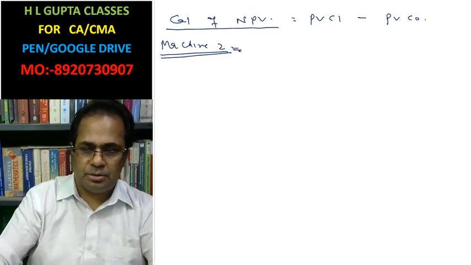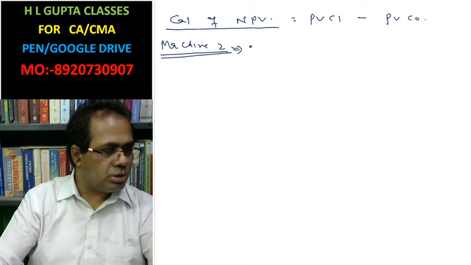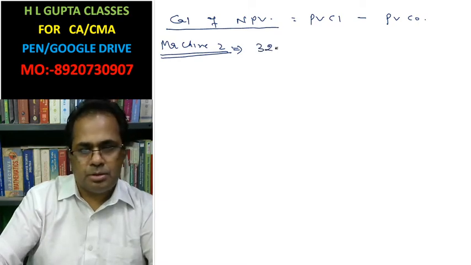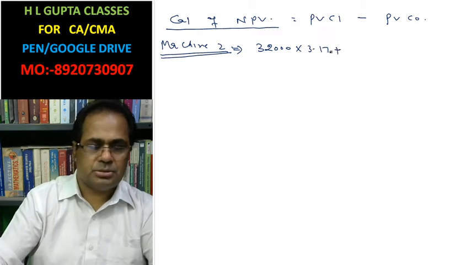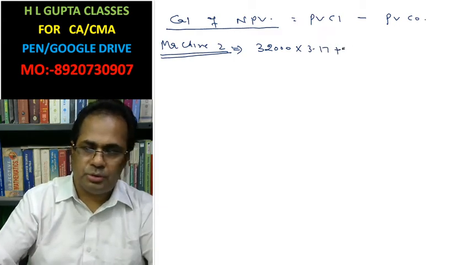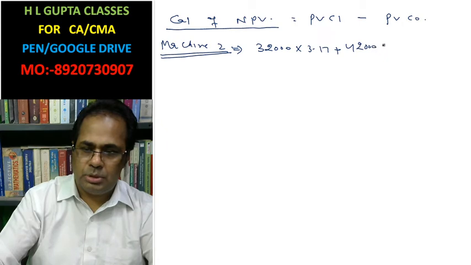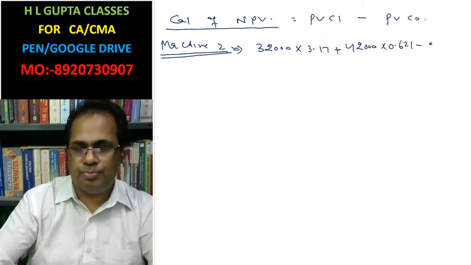Machine Z: this is 32,000 into 3.17 plus 42,000 into 0.621 minus 1,10,000.